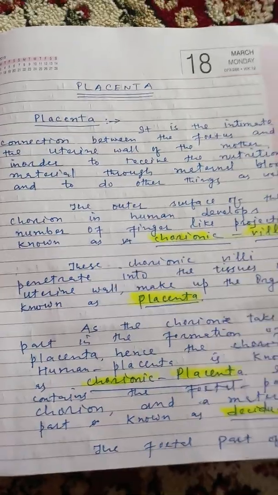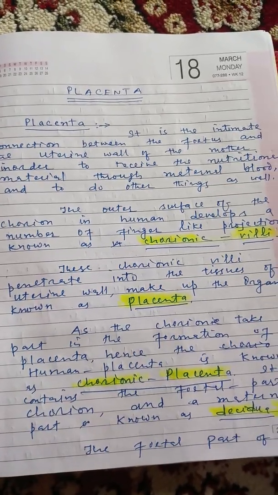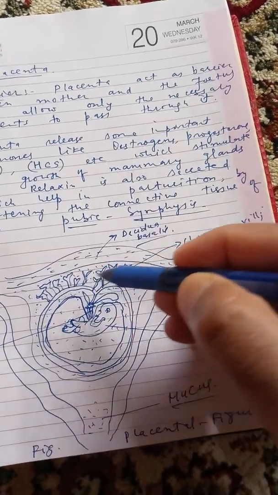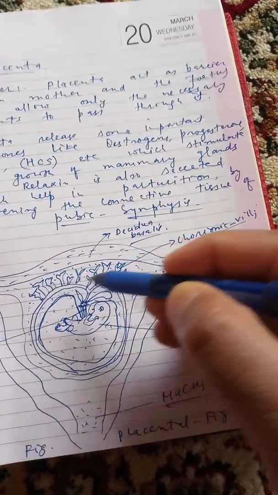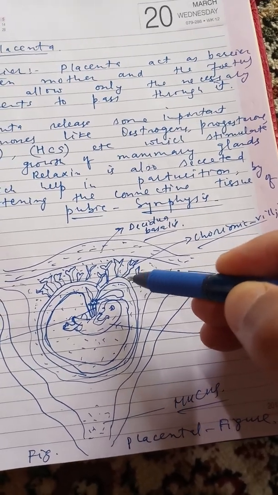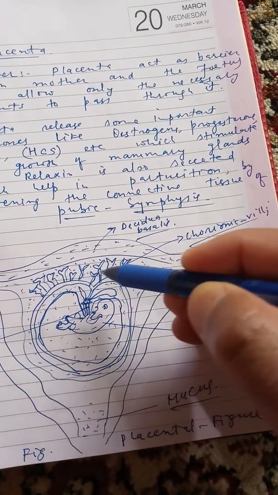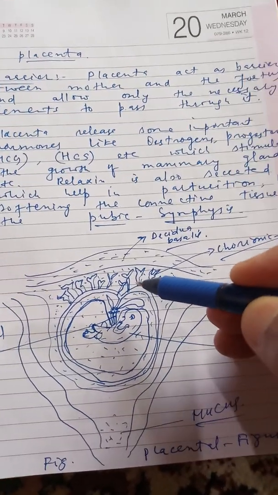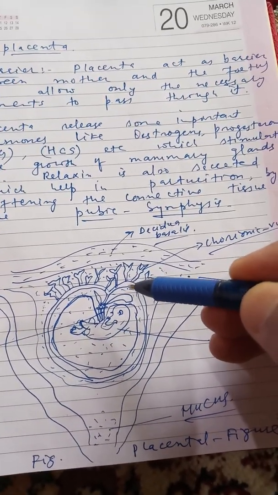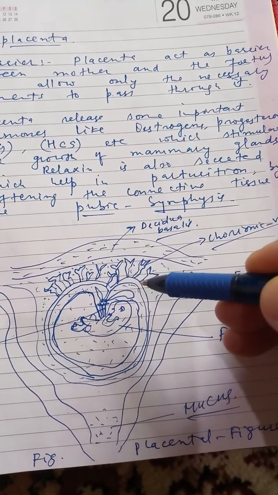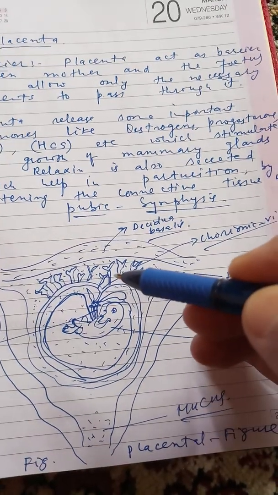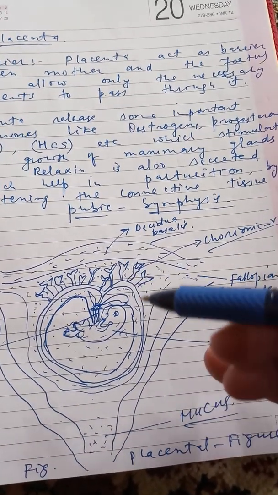Later on we may see that this chorion develops a number of finger-like projections which are known as chorionic villi, and that is why this is known as chorionic placenta. And these chorionic villi penetrate deep inside the uterine wall of the mother.